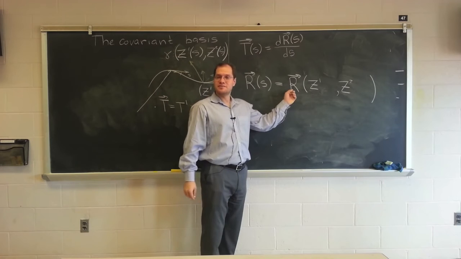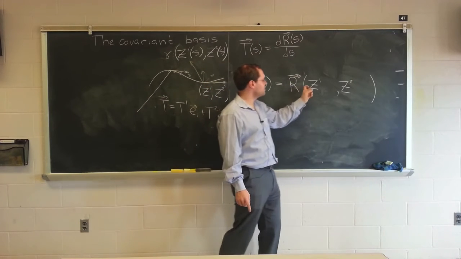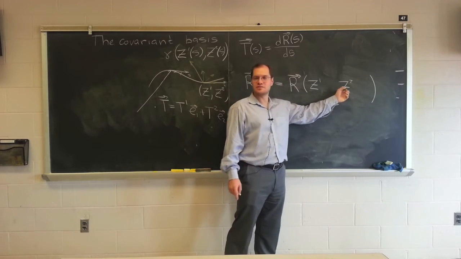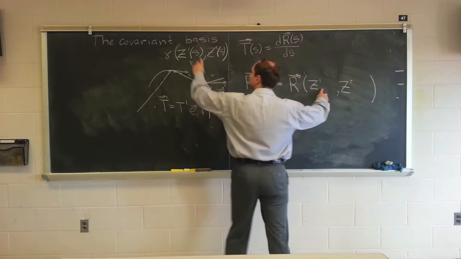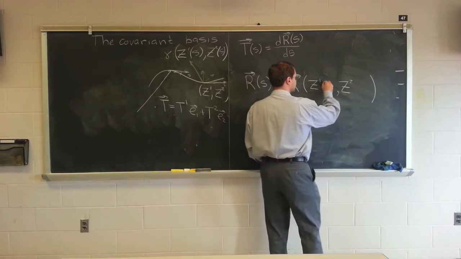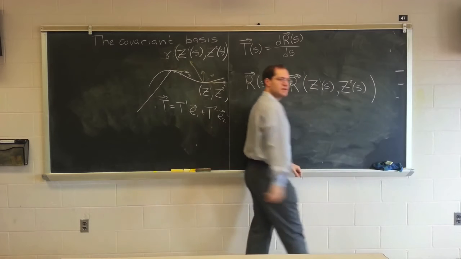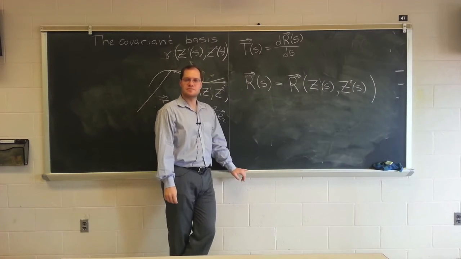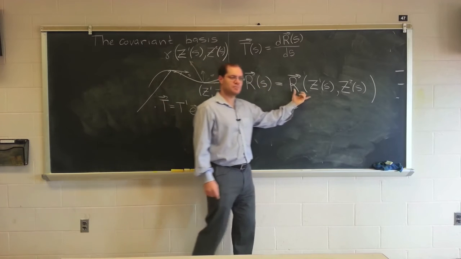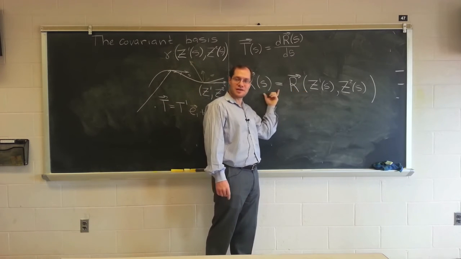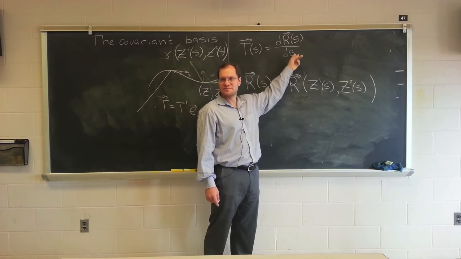That's what we did just a moment ago when we were talking about the covariant basis. We were thinking of R as a function of the coordinates. Perfectly valid. And you substitute in there the equation for the curve. And now, this is the hard part, as far as I'm concerned. Writing down the identity of which you next need to take the derivative.